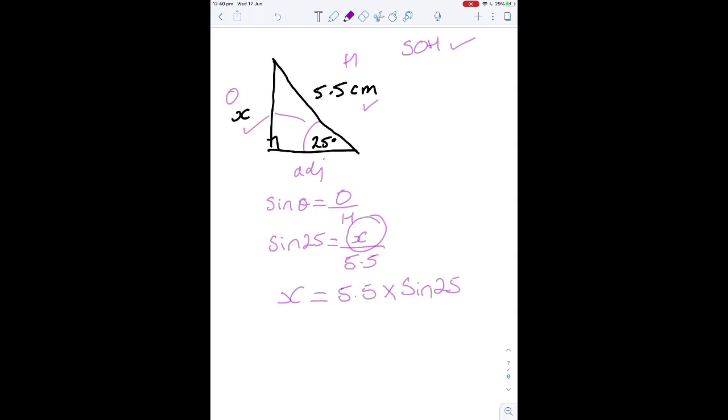When we combine sine with an angle, it becomes a decimal in most cases. So then X is going to equal whatever that is. According to my calculator, 5.5 times sine 25, you get 2.32 to 2 decimal places.